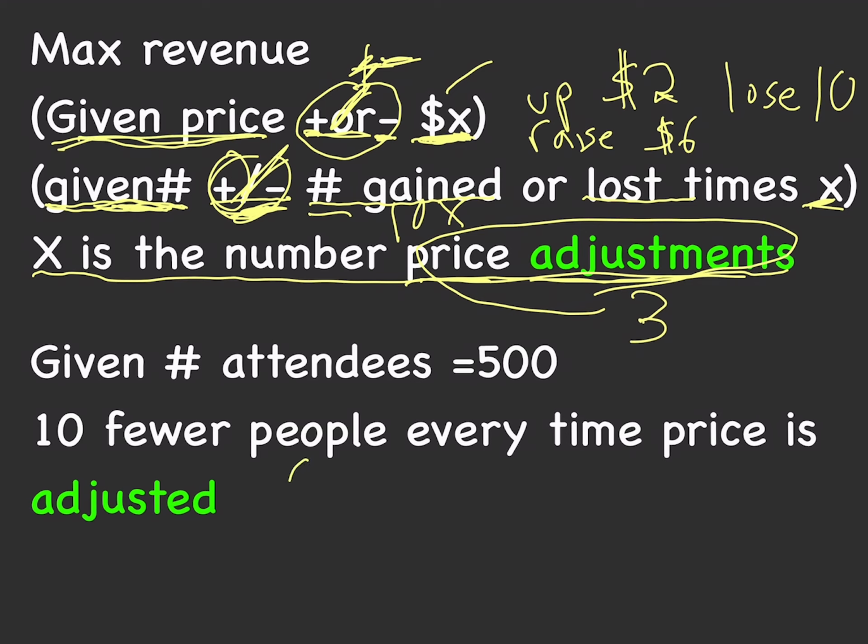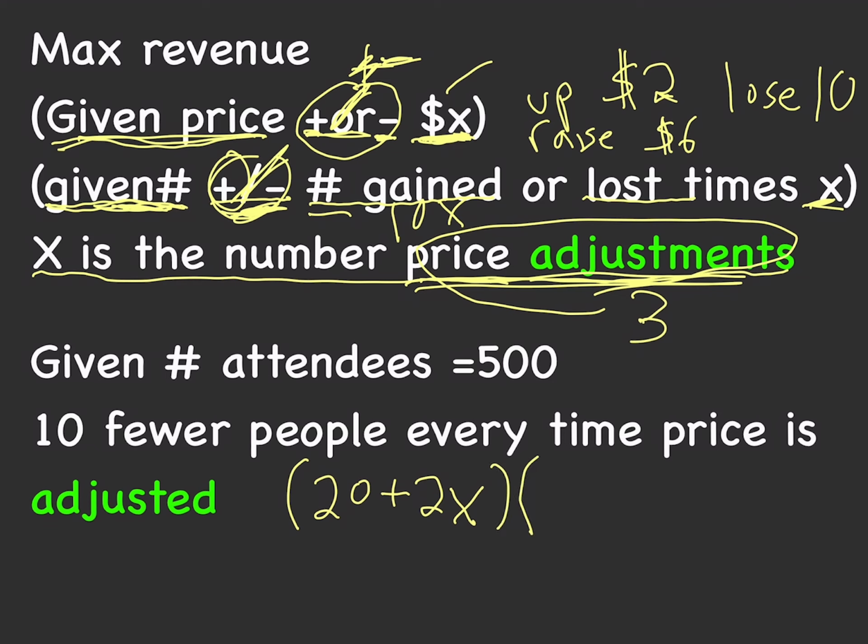It was $20, and then they're going to raise it by $2 a certain number of times. So for every $2 price raise, so $2 per x, meaning price adjustments. $2 per price adjustment. Okay, that's my first parentheses.